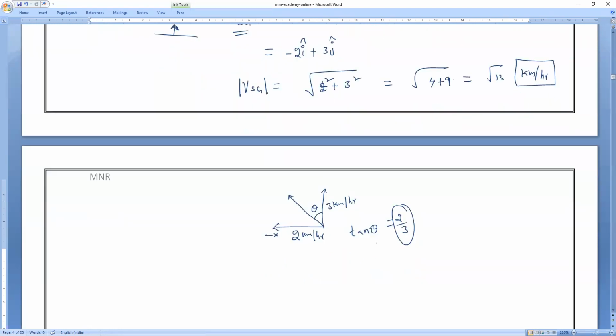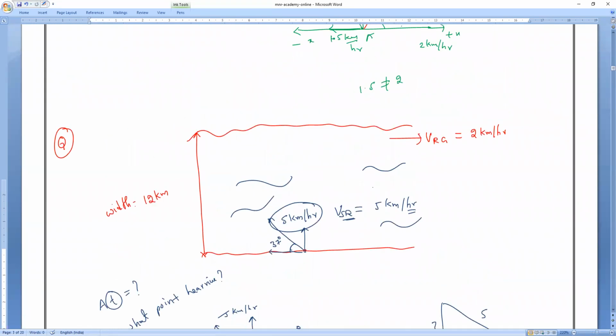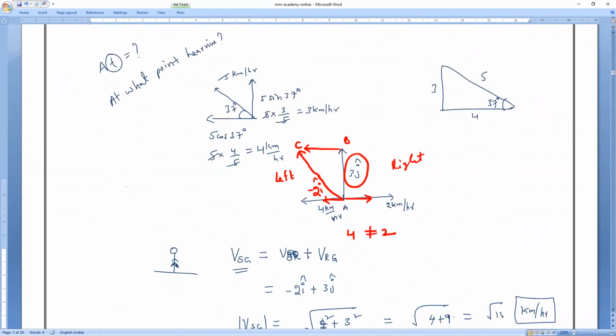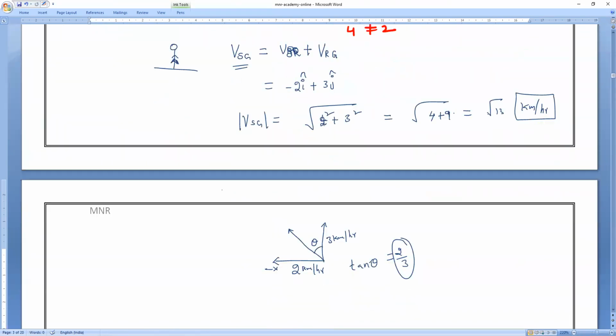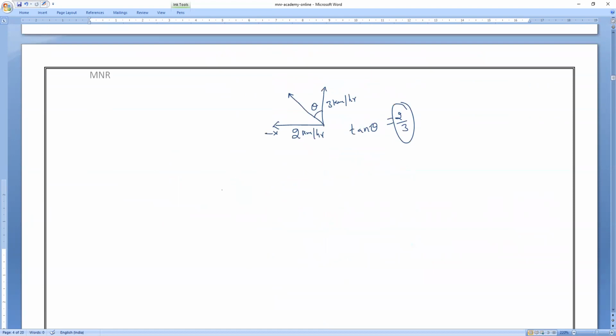Now, of course, what is the first question? They are asking, find the time taken to travel. So if you want to find the time, we all know the formula. Time is equal to distance by velocity. Velocity in what direction will we take? Velocity in the vertical direction. Yes or no?